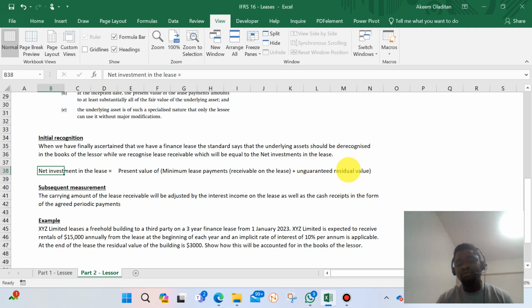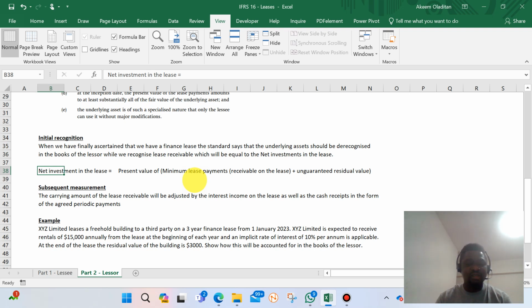That scrap value that flows to the lessor at the end of the lease term is called the unguaranteed residual value. So let's now put the word present value at the back of it. When you now have this periodic payment that flows to the lessor plus the unguaranteed residual value, what we now need to do is discount it back to the present.